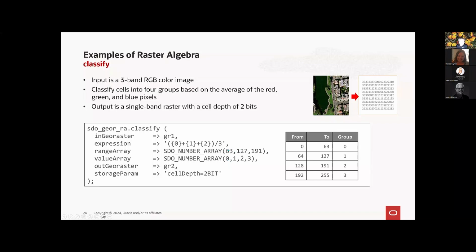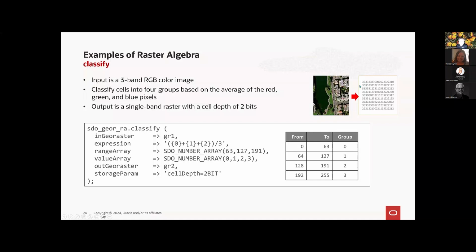If the value is between 63 and 127, then this is category 1. Then 127 to 191 is category 2, and everything that's greater than 191 is category 3. So we have 4 groups we want to represent in our raster.